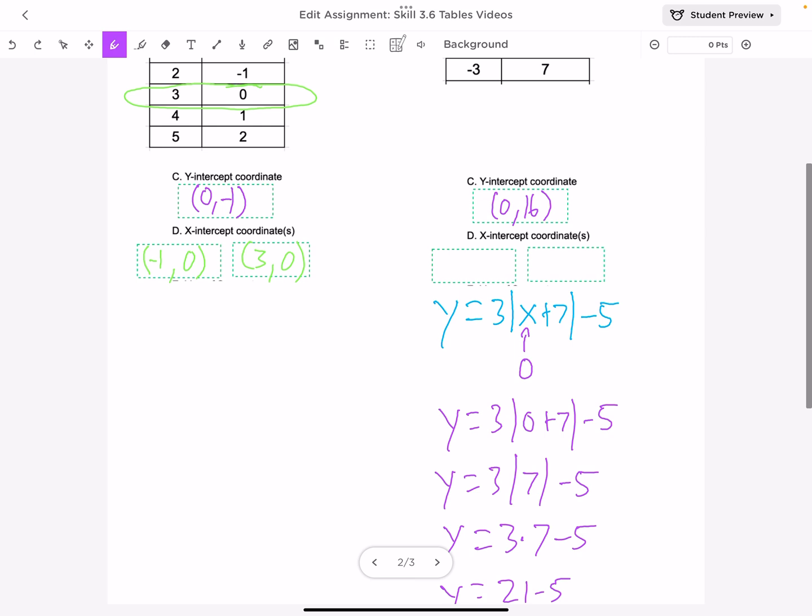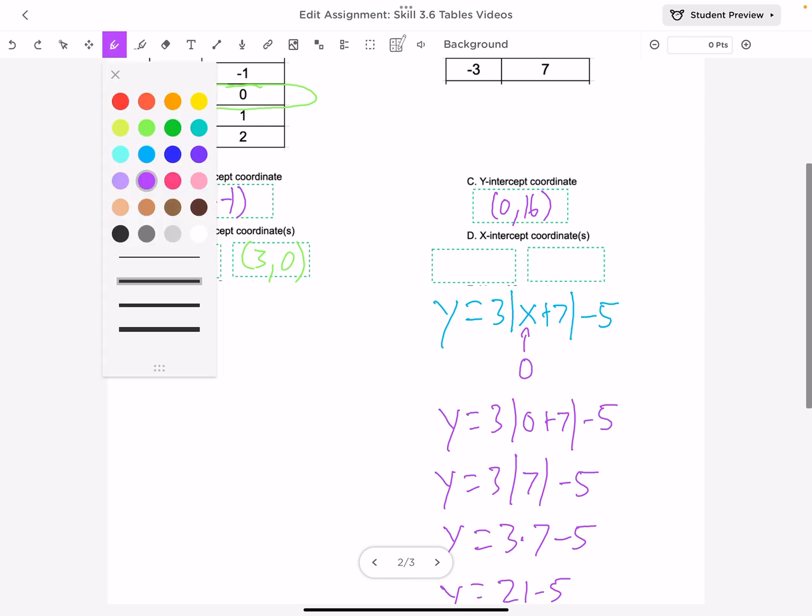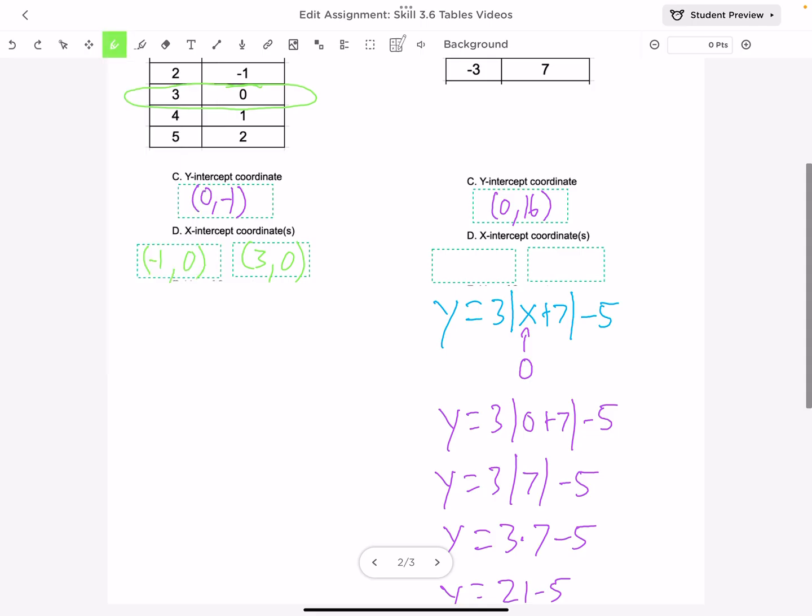To find my x-intercepts, it works the same way. I'm going to do it in orange this time. So we'll come over here, and same thing, because like we said, in this case, we have some number, comma, 0.